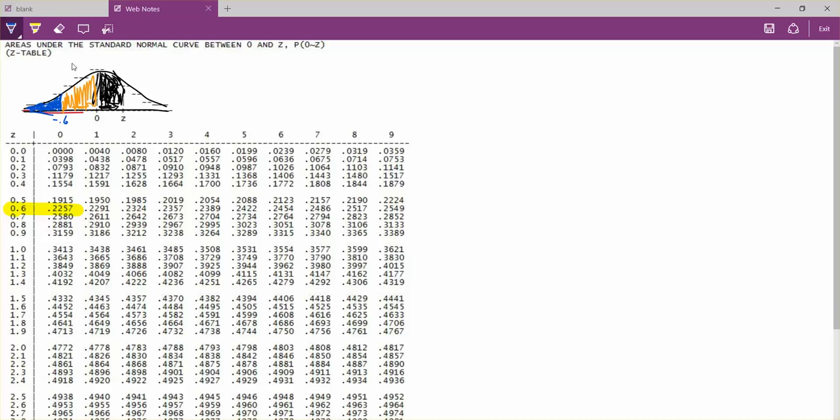So to find the blue shaded area, I would take 50% minus the value of the orange shaded area, which was 22.57. And that's going to give me what? 27.43%.